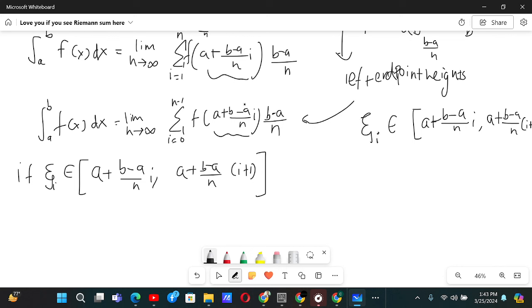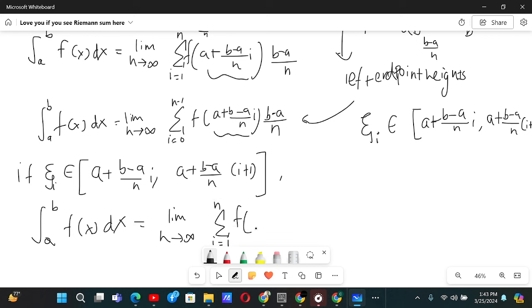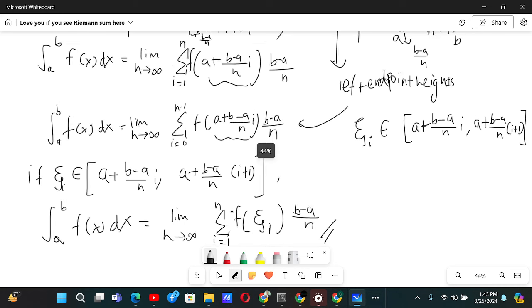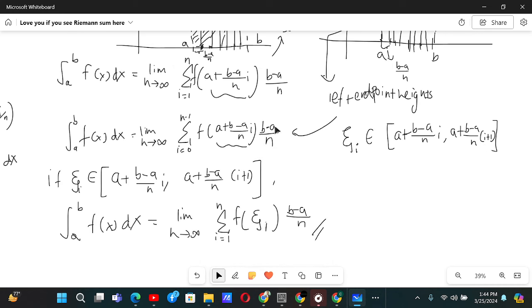Or if there are any other points in between them, even in such cases, using that chi of i, we can define the Riemann sum: the integral from a to b of f of x dx equals the limit as n tends to infinity of the sum from i equals 1 to n of f of chi of i, times (b minus a) by n, the gap. This is a generalized Riemann sum that covers both cases and also some new cases.